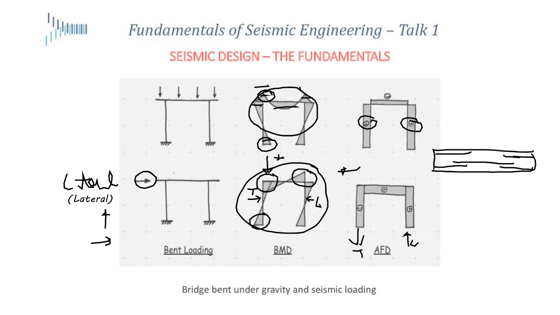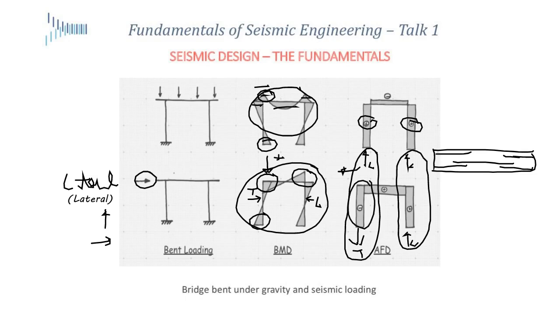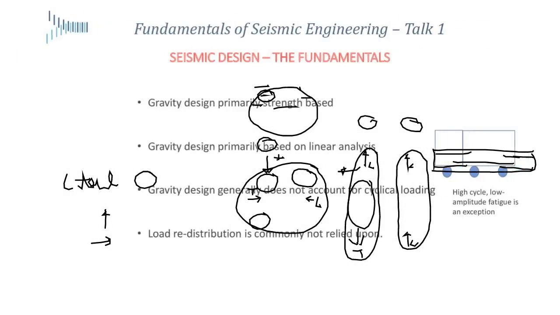So as a result of seismic plus gravity loading, I'm actually making this side heavier and this side lighter. Okay, so I may end up with a case where this column, if the lateral load is large enough, actually ends up in tensile force. So just keep in mind that things are not the same when we are looking at seismic and gravity combined.